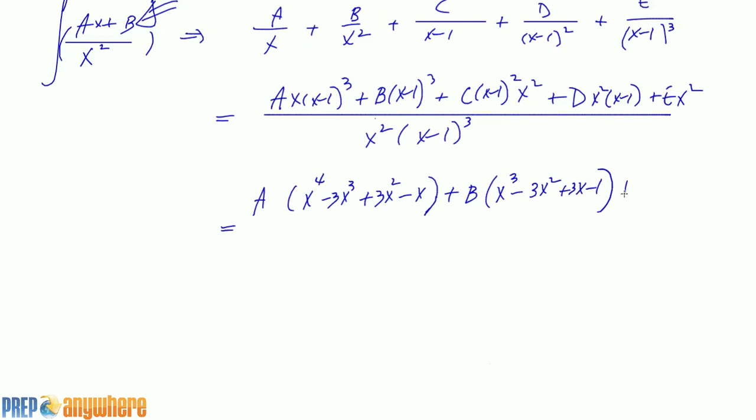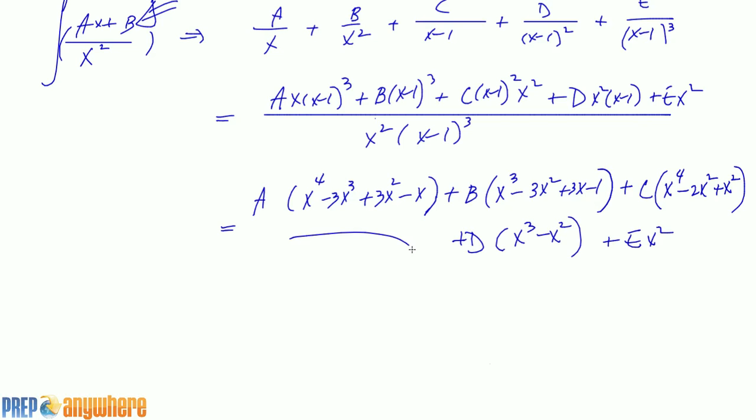For C, it's going to be x to the power of 4, and then minus 2x cubed plus x squared when you fully expand. And for D, it's going to be x cubed minus x squared, and E is x squared. All under the same denominator.